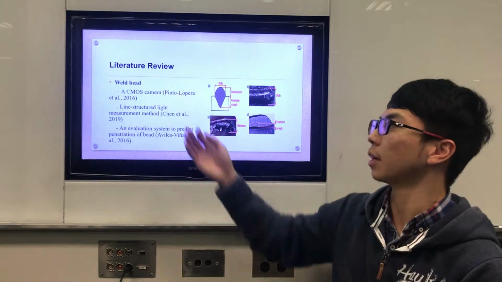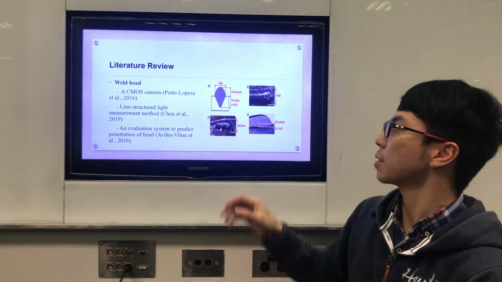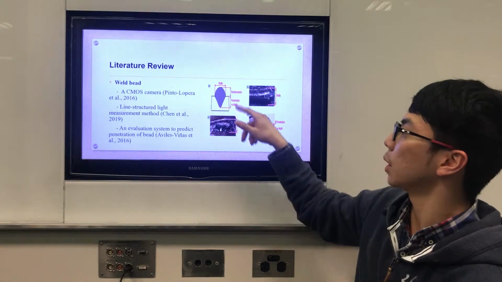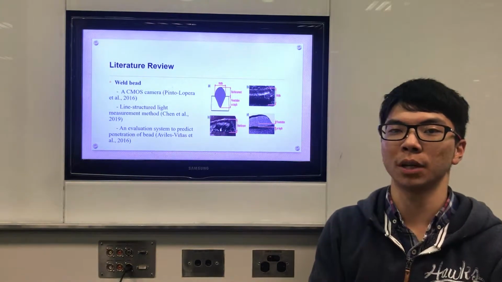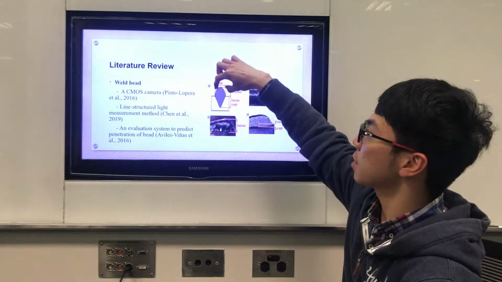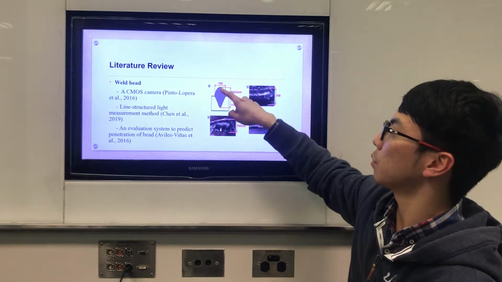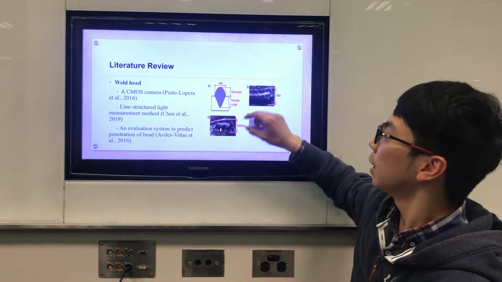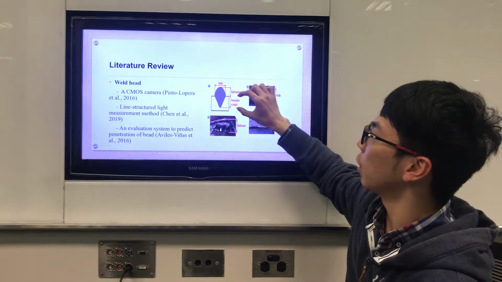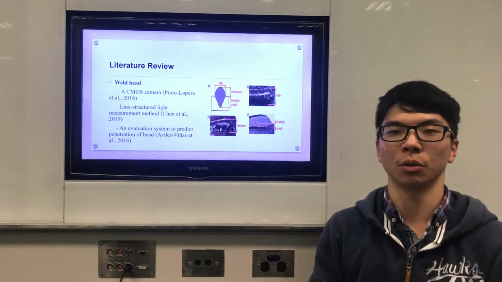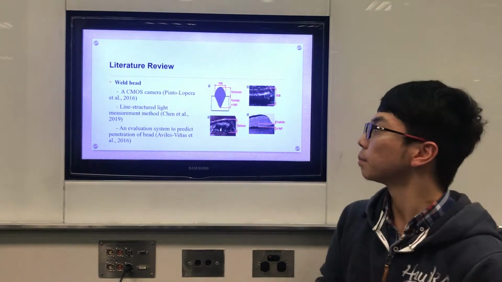So the next is the weld bead. As you can see from this figure, there are 3 parameters that need to be measured. The first one is the width of the weld bead, and the second is the reinforcement, which is from the top of the bead to the substrate. The final one is the penetration, or so-called depth of the bead.